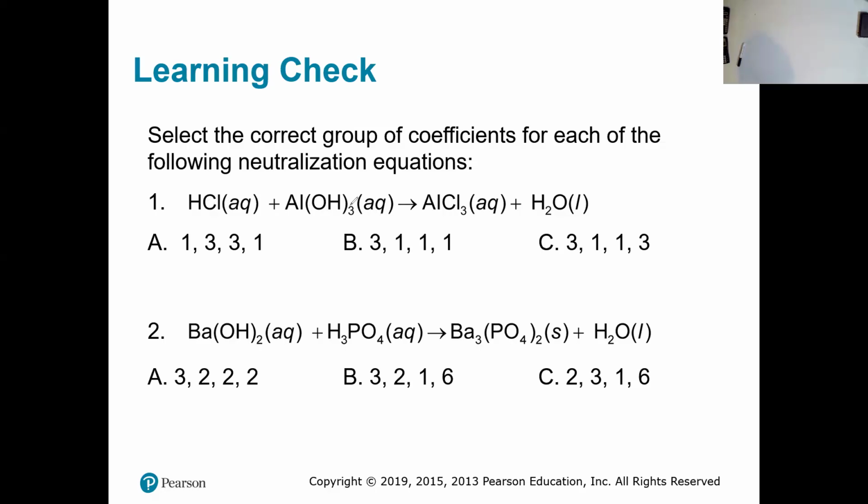For our first example here, we know that the number of hydroxides that are present here have to match the number of hydrogen ions that are present here. So this has to be a 3 out in front. And if I have 3 hydrogens and I have 3 hydroxides, then I have to have 3 waters. Have to. And so right away, you can get rid of this answer choice.